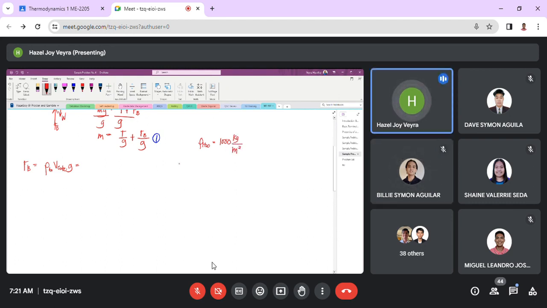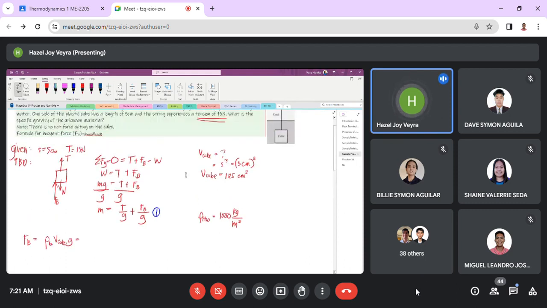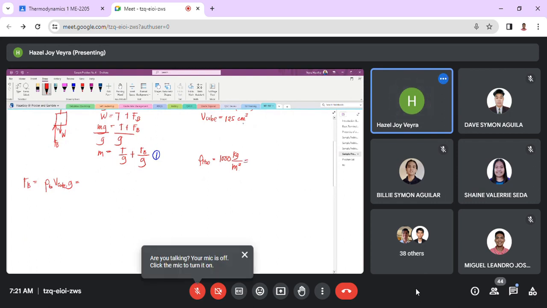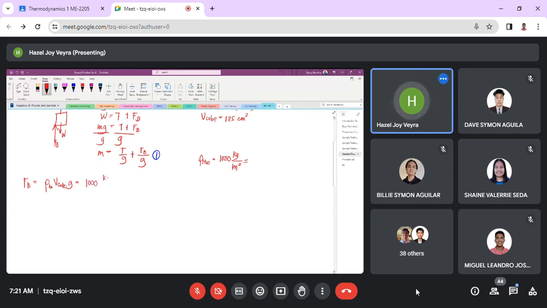So since our given here is in centimeters, let me convert this to gram per cc. Dito na lang sa ating solution. So since we have 1,000 kilogram per meter cubed, how many centimeters are there in a meter?